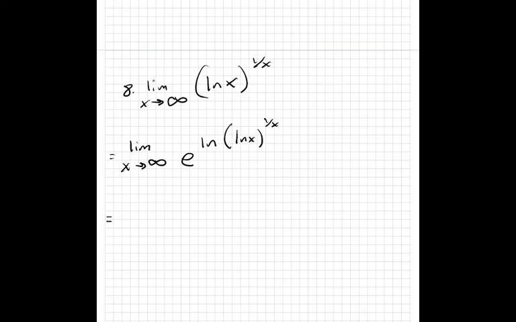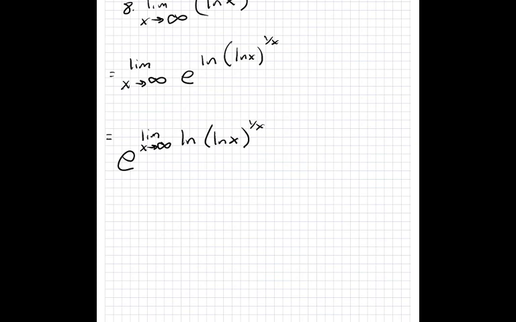This is going to be the same as e to the power of the limit as x goes to infinity of the natural log of the natural log of x to the power of 1 over x, right? So let's focus on the exponent, and we'll come back to this expression.